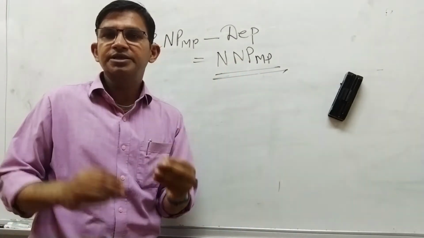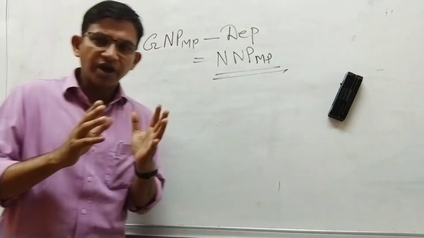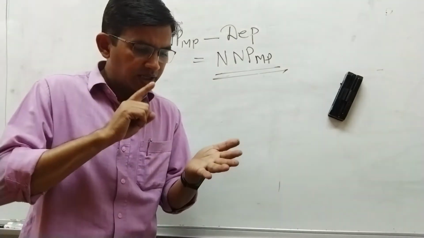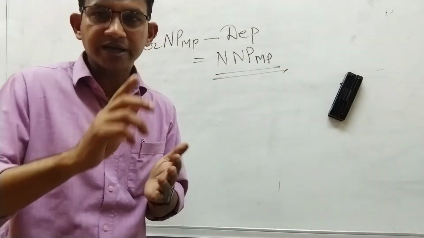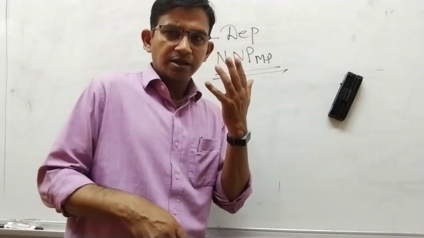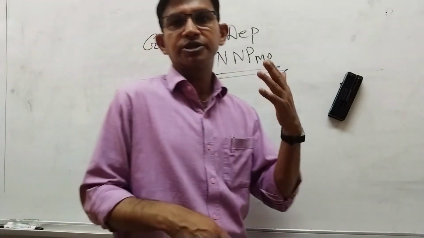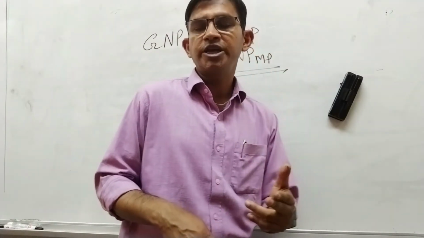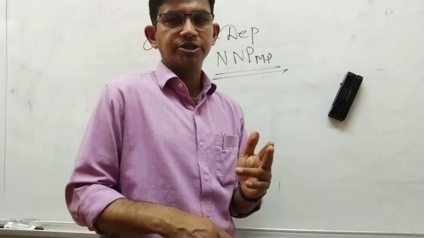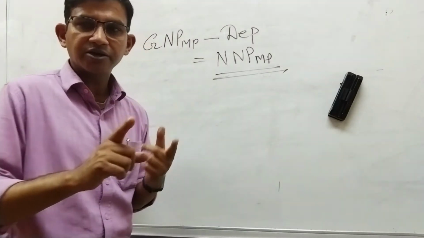Factor cost means the amount of money paid to different factors as their reward. And we know that there are four factors of production: land, labor, capital and organization. For land it goes as rent, for labor it goes as wage, for capital it goes as interest, and for organization it goes as profit. But what makes the difference between market price and factor cost?